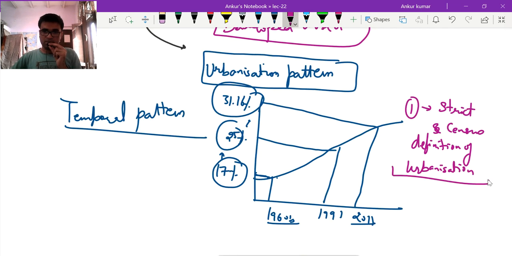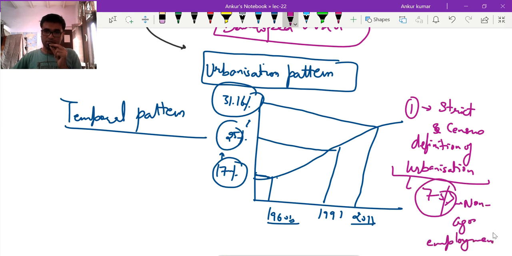For example, in the census definition, of the urban population living there, more than 75% must be engaged in non-agricultural employment. So it is a very strict definition, again a strict figure of 75%. This again added ambiguity in the urbanization figures.